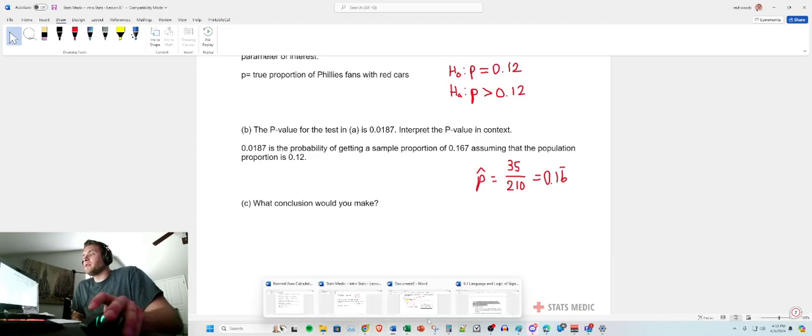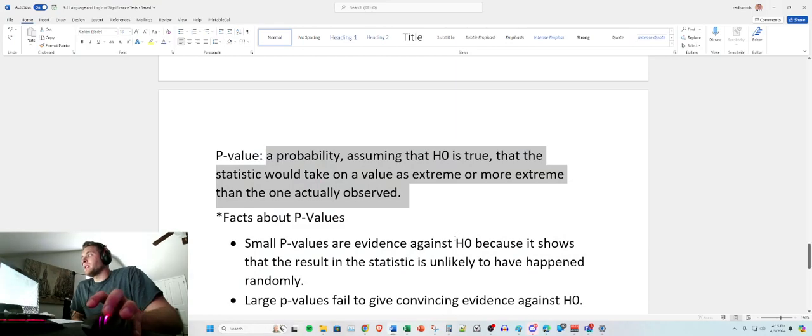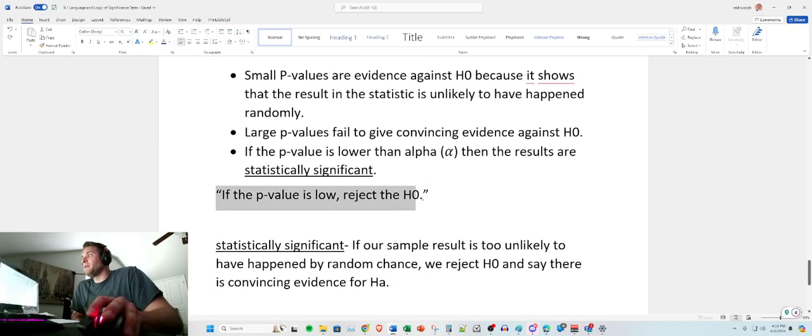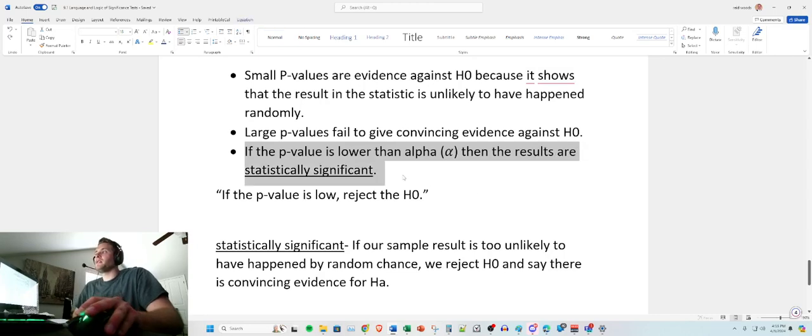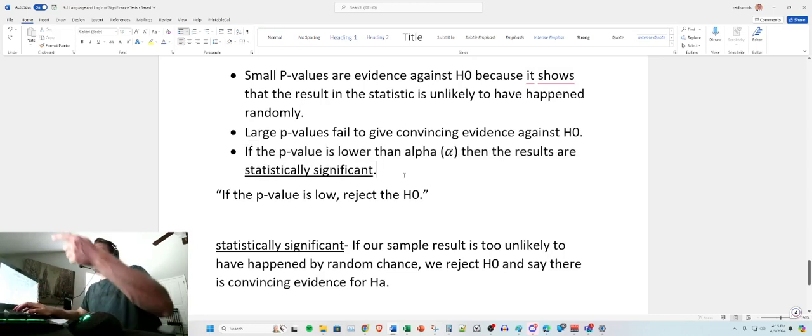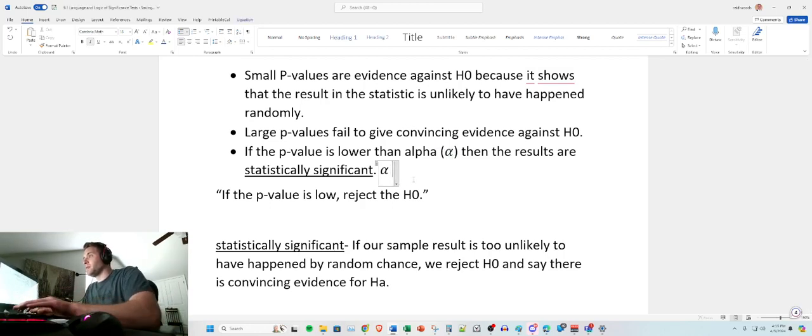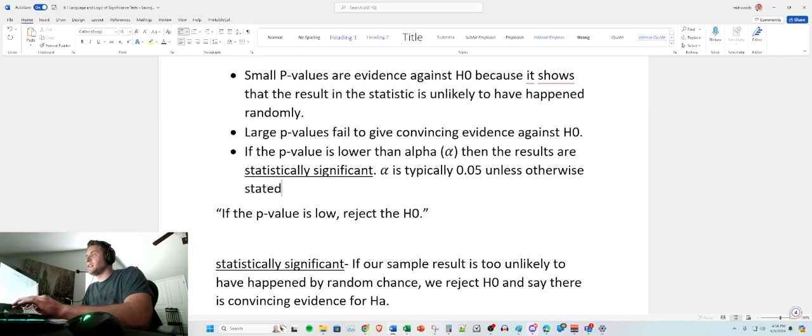Okay. Now in our notes, we had written about something called alpha level. Remember, if the p-value is low, reject the H0. Okay. If the p-value is lower than alpha, then the results are statistically significant. So back in your notebooks, let's actually add something to this bullet point here. Alpha is typically 0.05 unless otherwise stated.